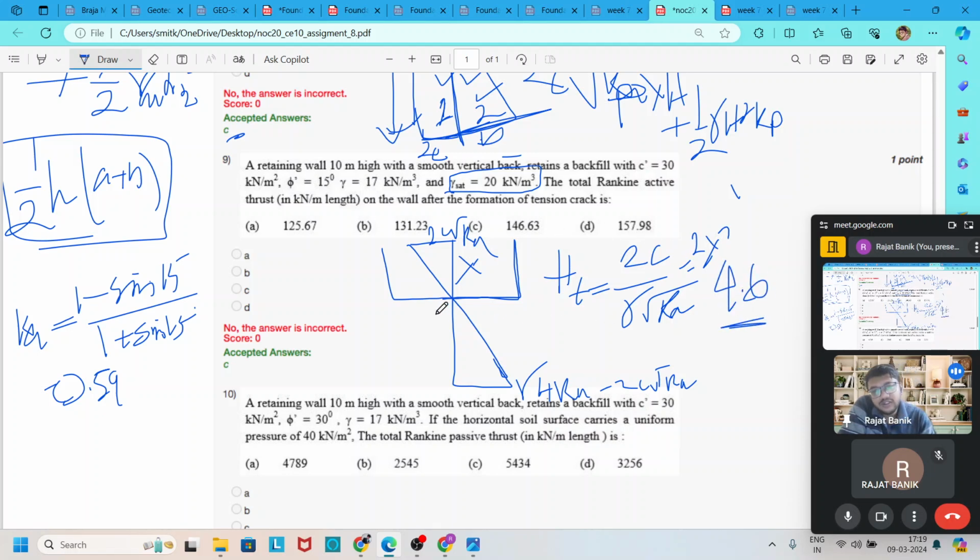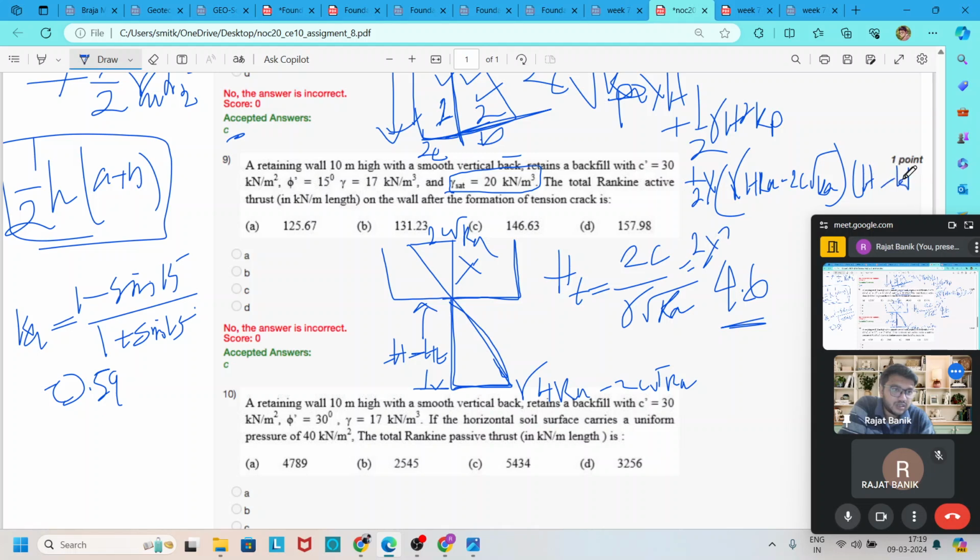After finding the 4.6, this distance becomes h minus ht. Here ht is 4.6, h is 10 meter. So now find out the area of this triangle, and it becomes half into base, which is gamma into h into Ka minus 2c root over Ka, whole into the height from here to here, that is h minus ht.